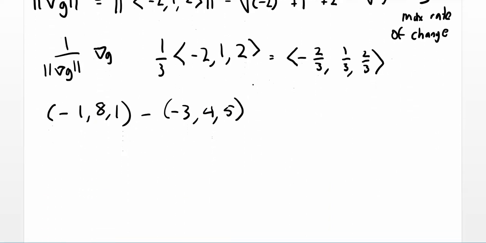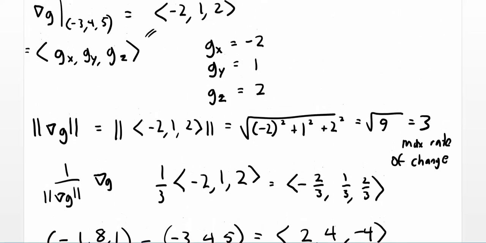So when we do this, we're going to get a displacement vector. -1 minus -3 is -1 plus 3, which is 2. 8 minus 4 is 4. 1 minus 5 is -4. This is our displacement vector.